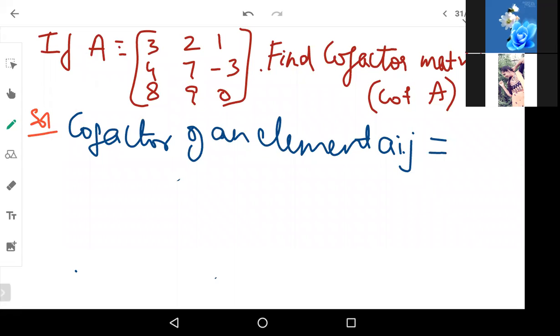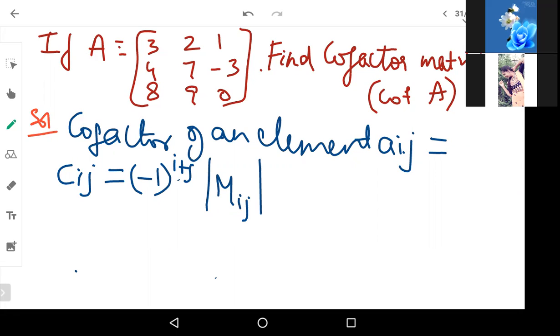Cij, the cofactor, is equal to -1 to the power of i plus j, where i is row and j is column, multiplied with the minor, that is Mij. Repeating it again: element is Aij, cofactor is Cij, -1 to the power i plus j multiplied with minor Mij.